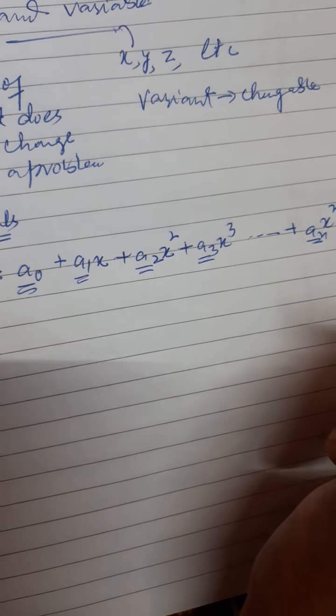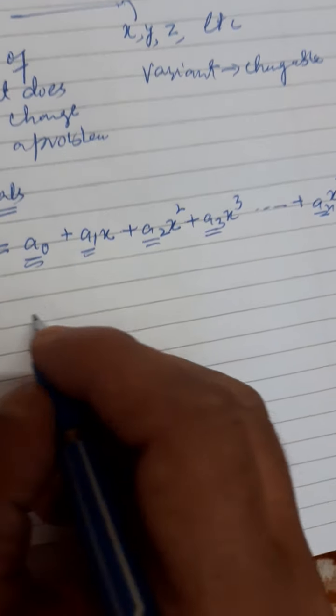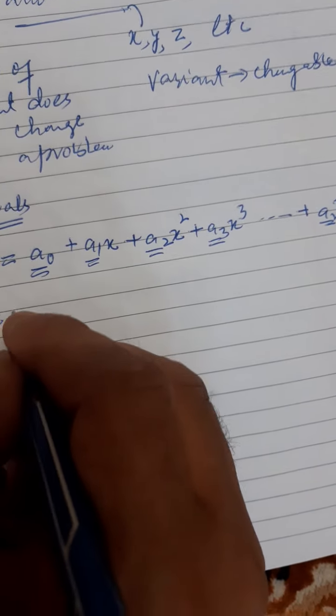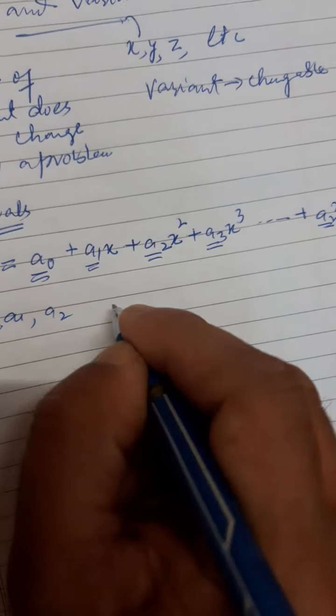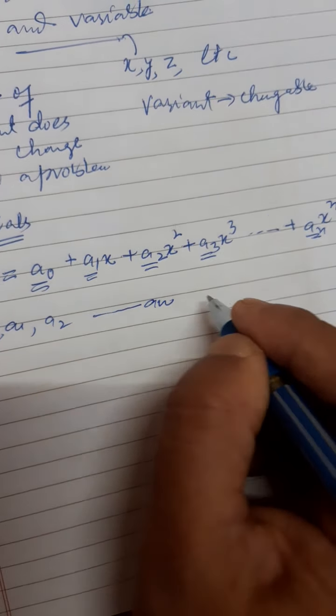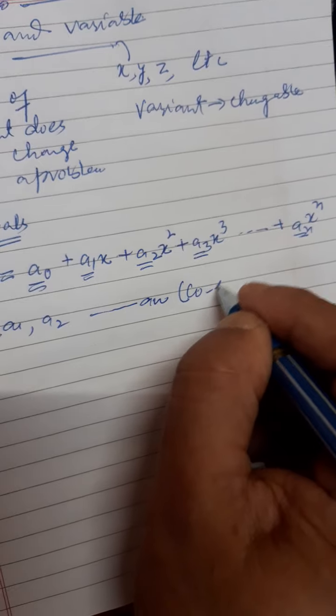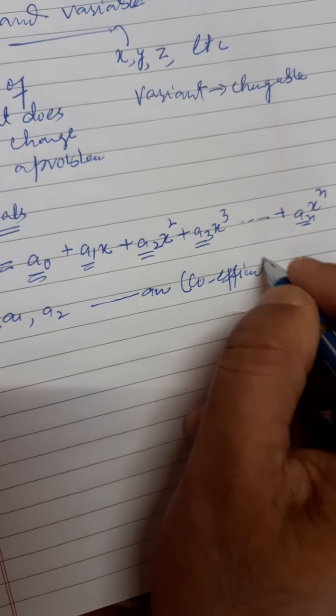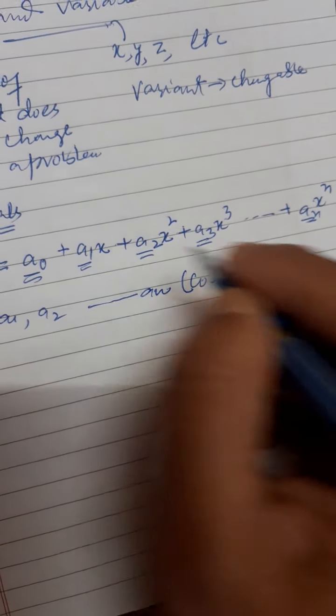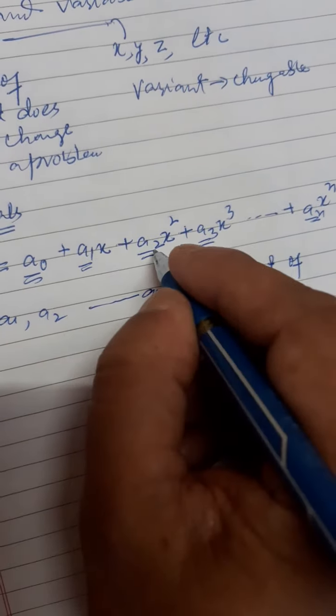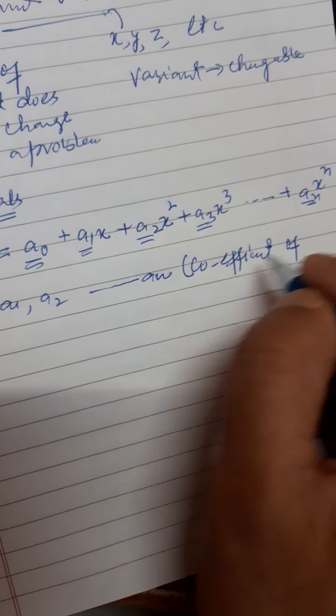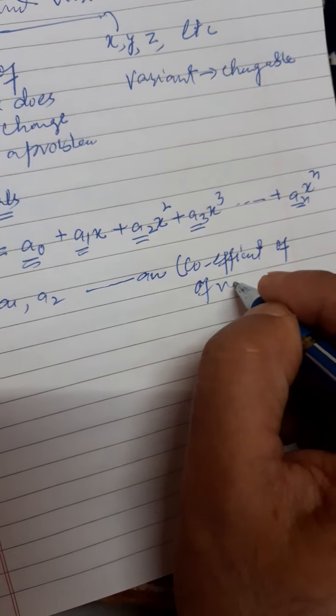They are all known as the coefficients of the variable. Here the variable is x.